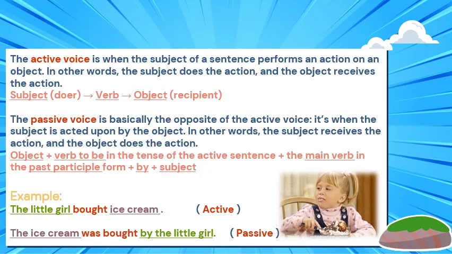So: the ice cream was bought by the little girl. We put at the end of the passive "by", and after it the subject. So here is the sentence in the passive and the sentence in the active. We first see the sentence in which tense, and after that we choose what we will do.